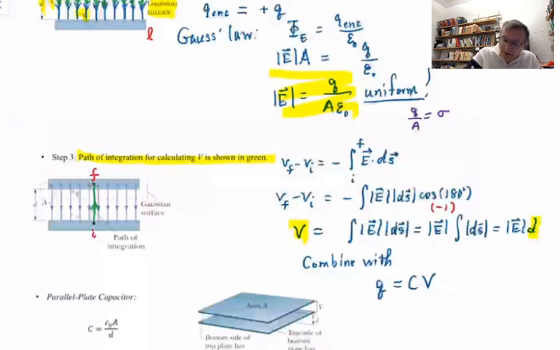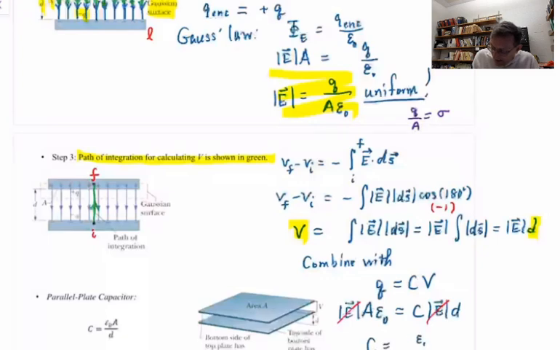So I'm going to write that for the Q. I think we can just fit that in here. Equals C, and then for the V, magnitude E times D. Okay, now the E magnitudes cancel, and I just solve for C. I get epsilon 0 times the area of the plates divided by the distance between them.